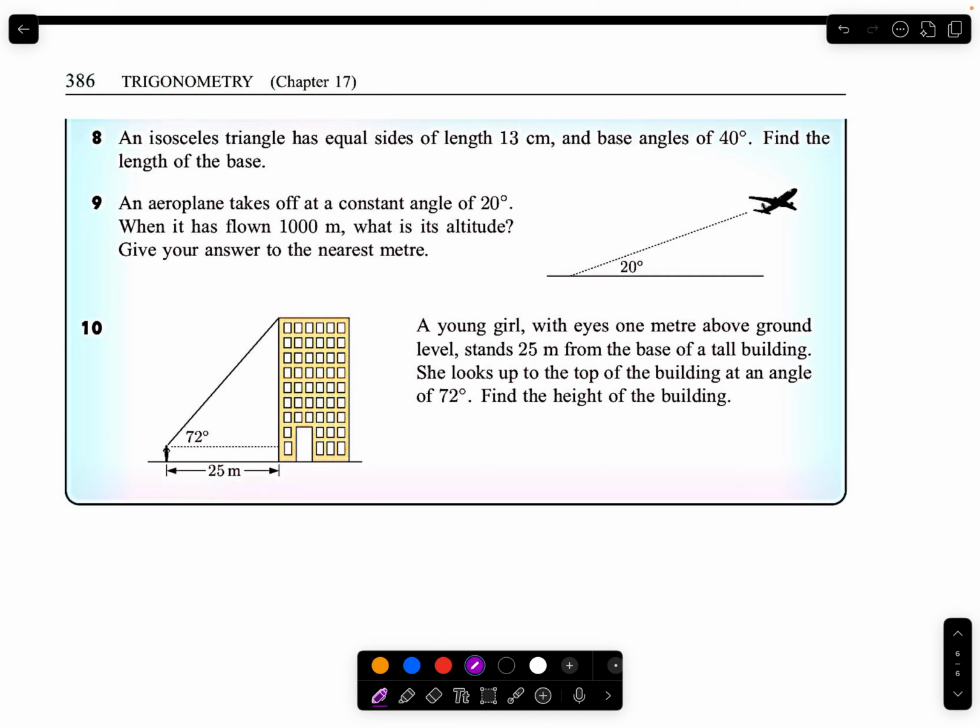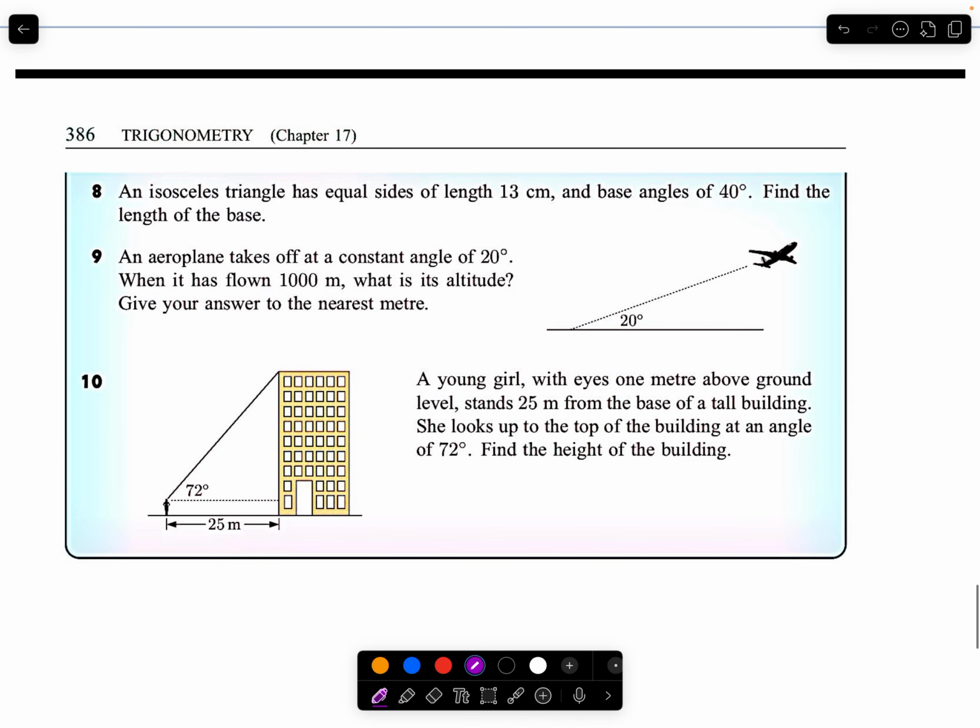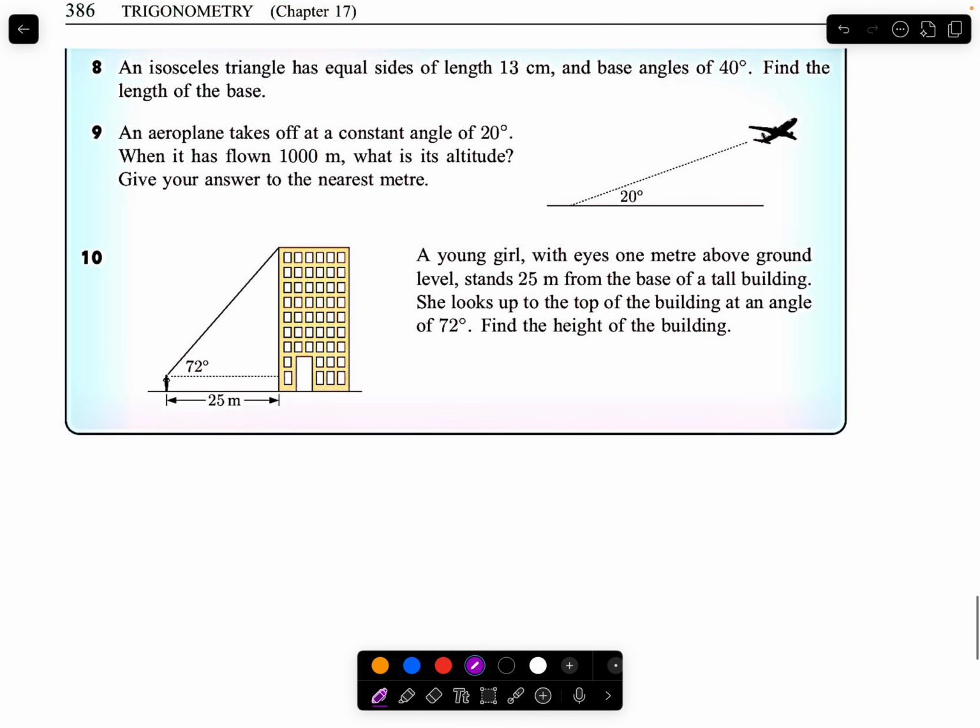8. An isosceles triangle has equal sides of length 13. I'm going to answer this there, so I've got room. Isosceles means two sides the same length, 13 centimeters. Base angles of 40. Find the length of the base. We are doing right angle trigonometry. So what's special about an isosceles?